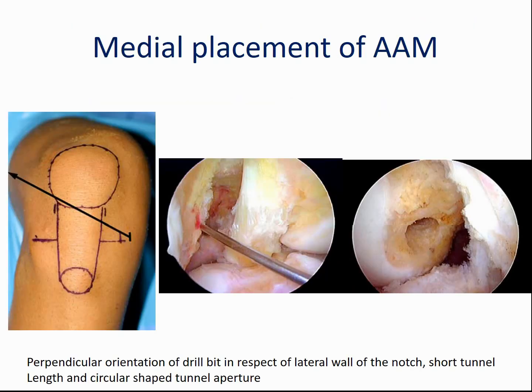Let us see what happens if we place the accessory medial portal more medial than intended. It will give rise to a perpendicular orientation of the drill bit with respect to the lateral wall of the notch, thereby giving a short tunnel length and a circular tunnel aperture.